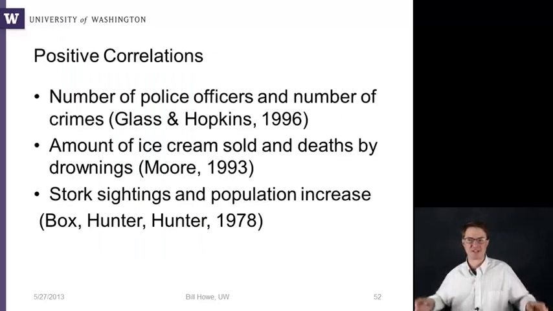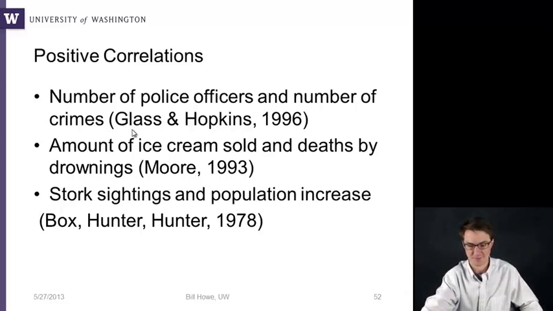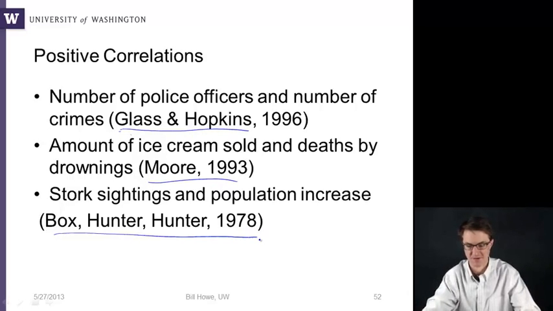All right, and so other examples that have been talked about in the literature, again, brought up as bad examples. The number of police officers and the number of crimes. Why might these two things be correlated? Maybe police officers cause crimes. Well, no, probably because in densely populated areas there are both more police officers and more crimes. By the way, just to point out again, these authors are not authors that made these claims. These are authors that brought up the mistake.